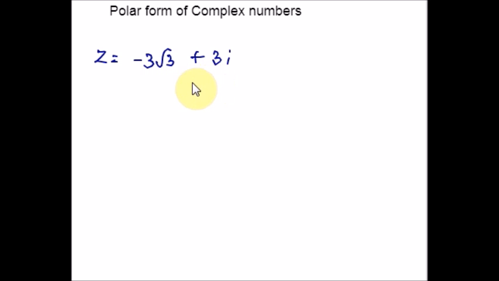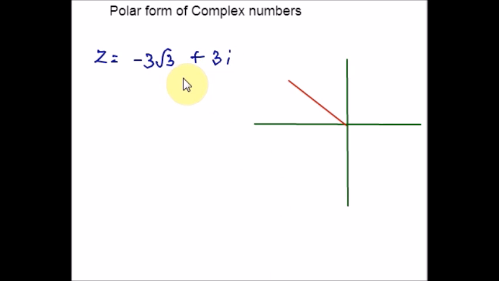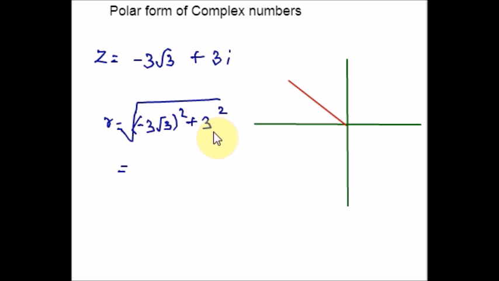The point is negative 3 root 3 comma 3. This lies in the second quadrant. Am I right? And what about the radius? Radius is nothing but the square root of the square of this plus the square of this, so this would become square root of 36, which is nothing but 6.